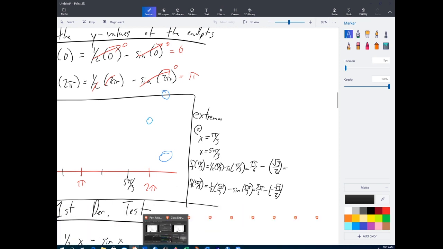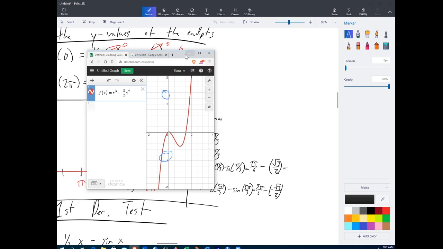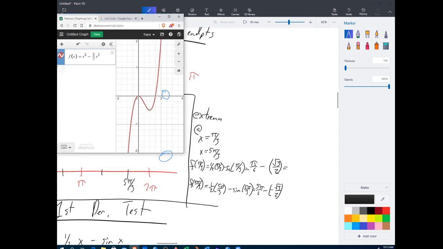That is one I am going to rely on a calculator for. Let's finish the problem though. Minus the square root of 3 divided by 2 and plus, because minus a negative is a plus, the square root of 3 over 2.